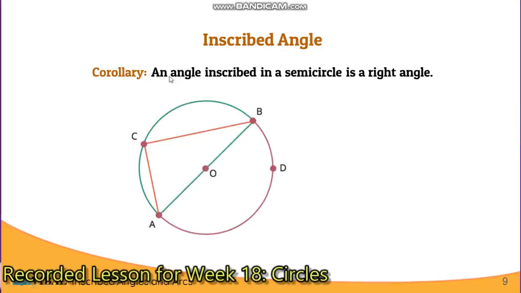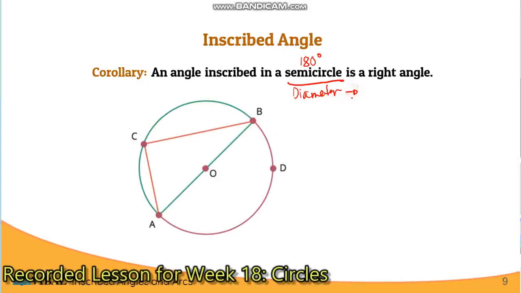Next, we have the inscribed angle corollary. An angle inscribed in a semicircle is a right angle. We know that the measure of a semicircle is 180 degrees, and a semicircle is formed if a diameter is drawn.